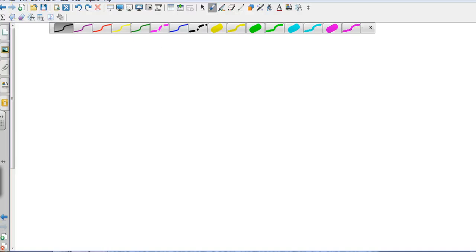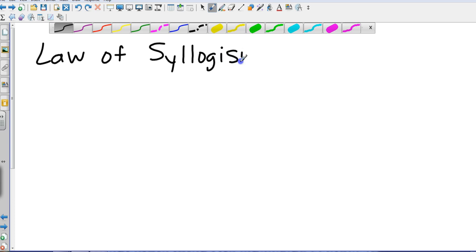Now, we also have the law of syllogism. And the law of syllogism has to do with looking at three different statements.